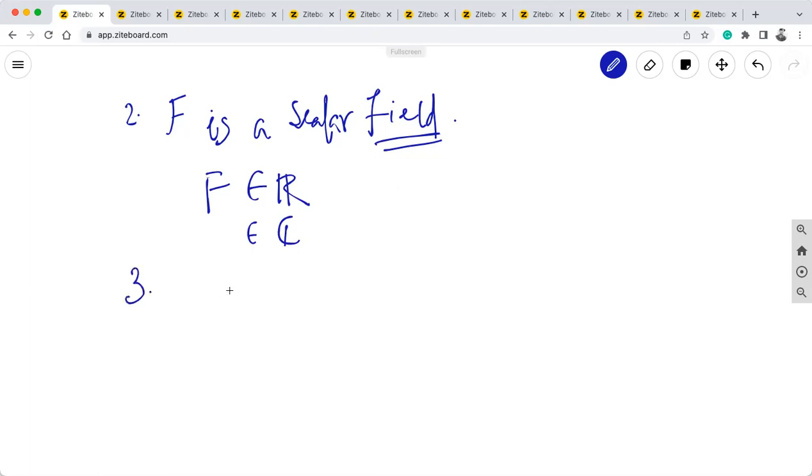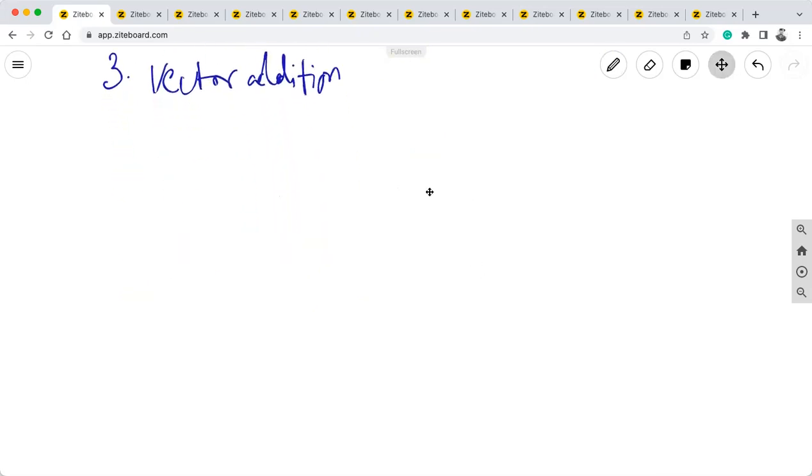The third property, or the third axiom, is that it follows vector addition. I take two vectors, ket x plus ket y.